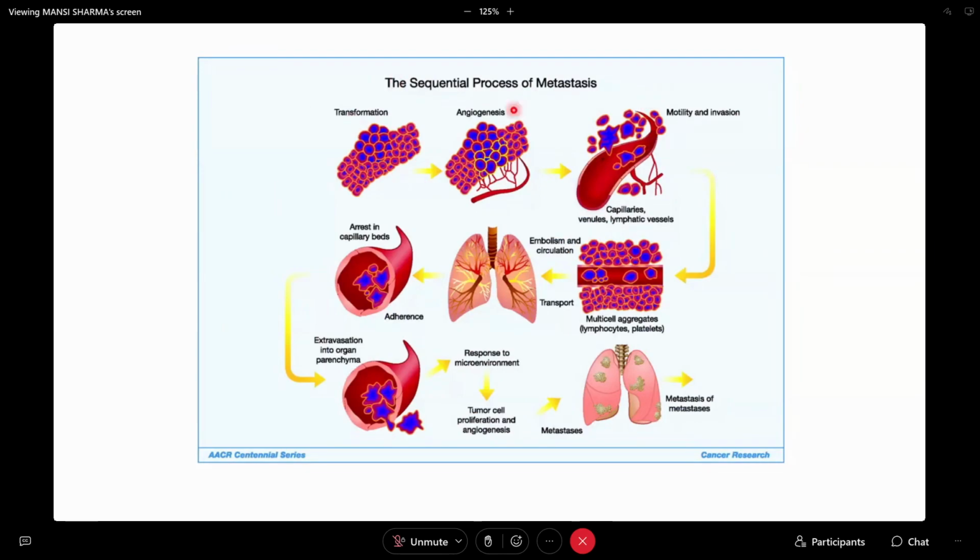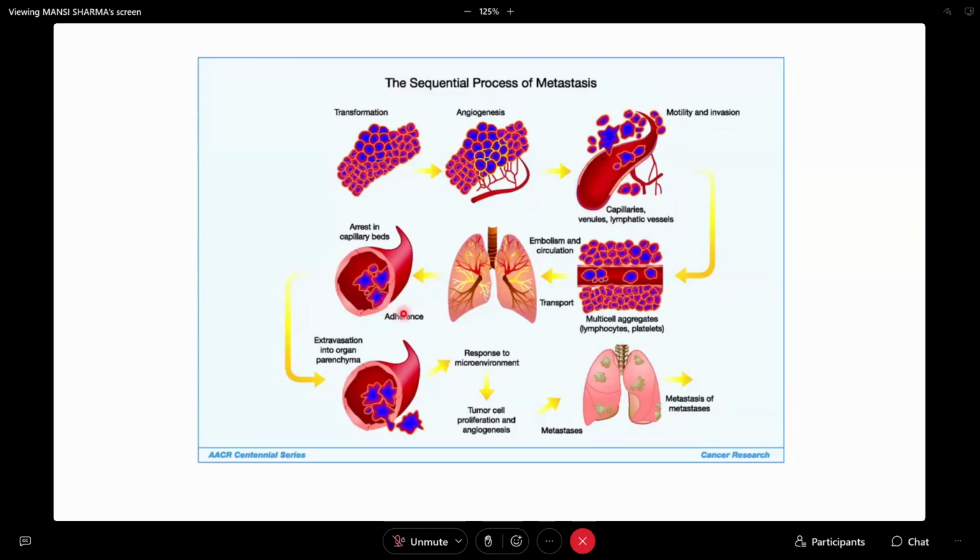This is to really simplify the process of metastasis. So the transformed tumor cells develop blood supply, they develop angiogenesis, and using these blood vessels, the cancer cells then develop motility. They go inside the capillaries, venules, the lymphatic vessels. They attach onto different cells in the vessels like lymphocytes, platelets, cause aggregates, and go into different places in the circulation, and wherever they find space, they get arrested in the capillary beds.